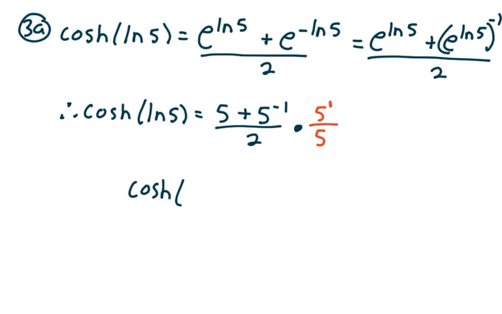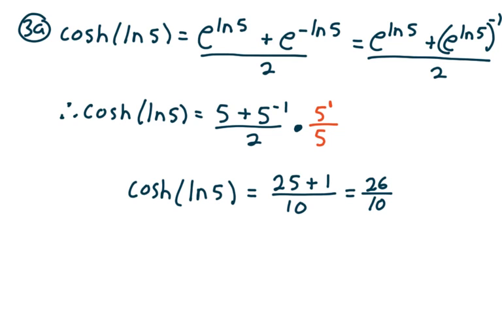You get cosh of natural log of 5 is 25 plus 1 divided by 10, which is 26 over 10. And if I divide the numerator and denominator both by 2, I get cosh of natural log of 5 is 13 divided by 5.